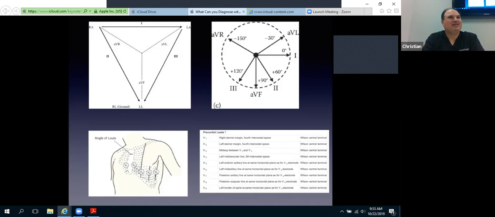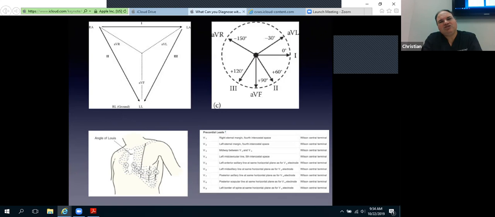Then you have your precordial leads. Now the precordial leads are often put at incorrect positions. And just before we do that, the electrical axis of each of those leads gives us a different angle. Lead 1, lead 2, lead 3 have these angles of 0 degrees, 60, 120. aVF is at 90 degrees, aVL is at minus 30, and aVR is minus 150.